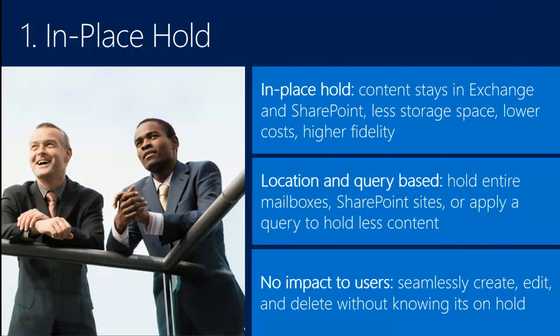The second big consequence of this is that storage space is used efficiently. Because most content in a site does not change, content that is not changed is not copied to the preservation hold library.